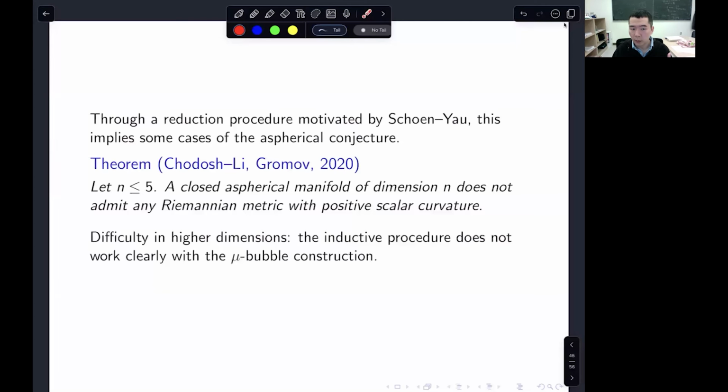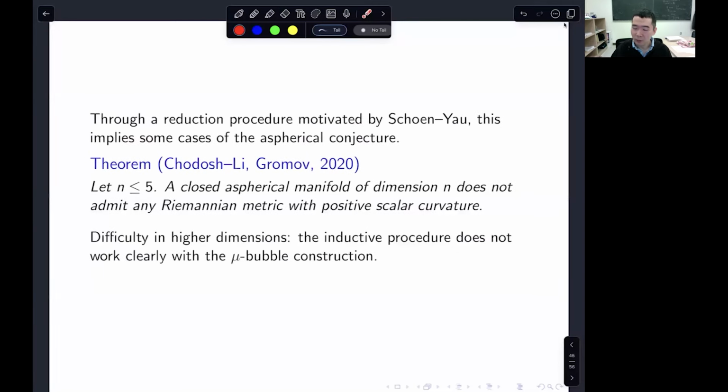But this property is hard to guarantee in the inductive descent argument. In other words, the Urysohn width does not obviously decrease in this inductive descent argument. So that's what makes the extension of this kind of argument to higher dimensions very difficult.